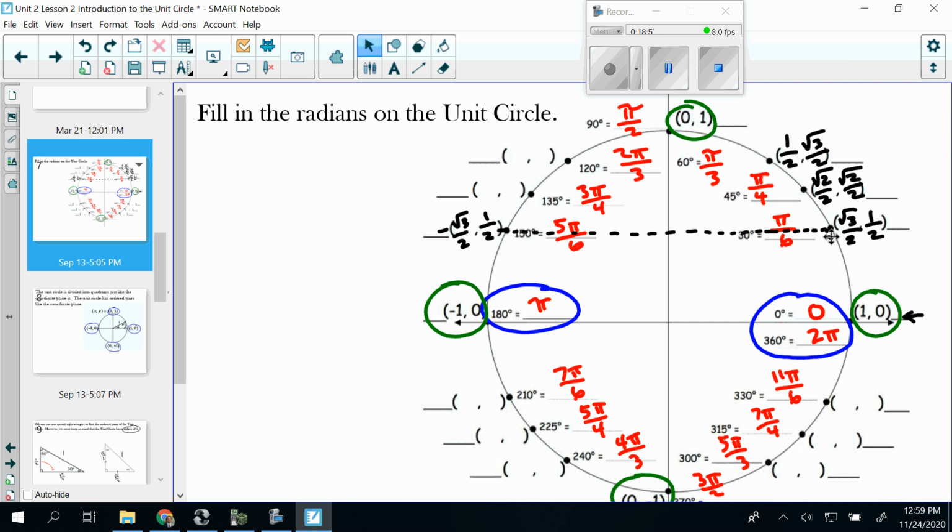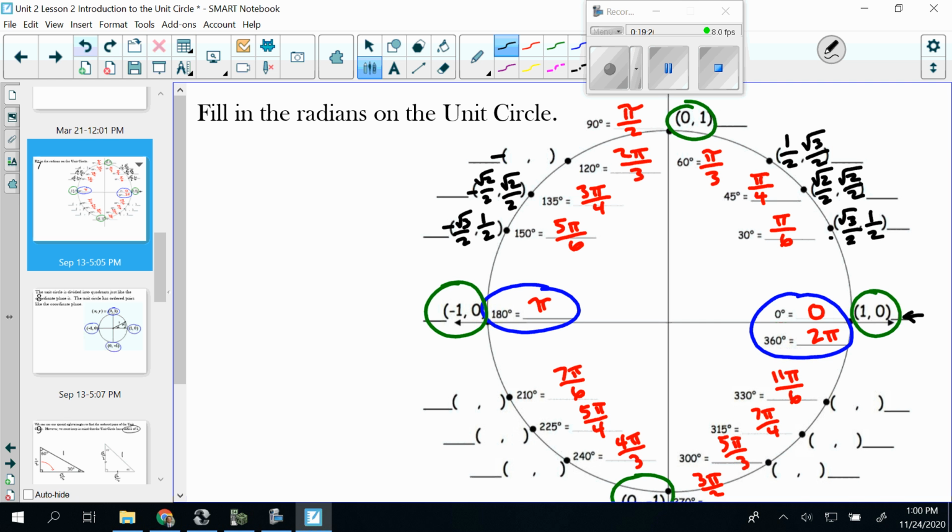So we can fill in all these other ordered pairs using reflections and knowing the signs that are going to happen in each one. So this would be anything in this one going to have negative x value. So this would be like we just had, negative square root 3 over 2, positive 1/2. This is going to be negative square root of 2 over 2, positive y value. And this one's going to be negative 1/2, positive square root 3 over 2.